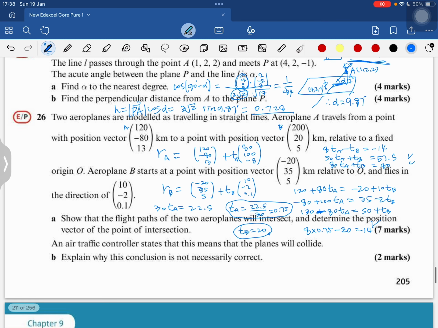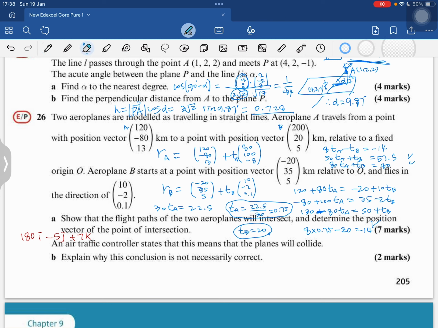So the position vector for the point of intersection is when TB is 20. So this is like a 20 here. Let's say 200. So 180 i, negative 40 j, 5 k. So this is the position vector of the point of intersection.